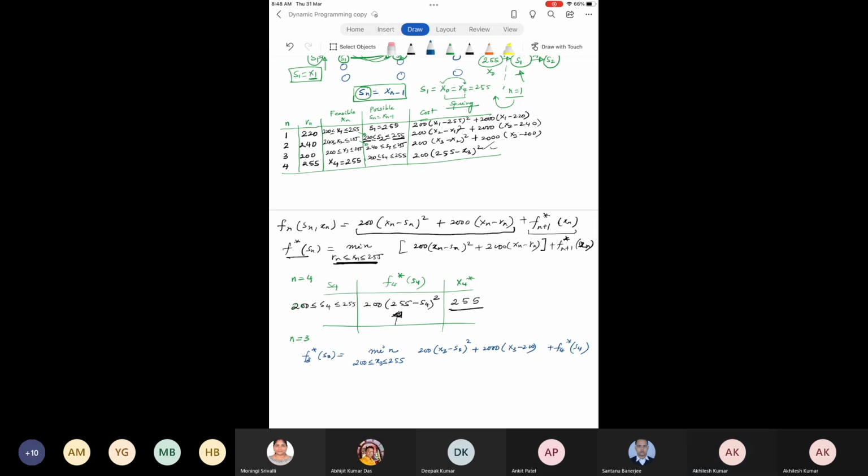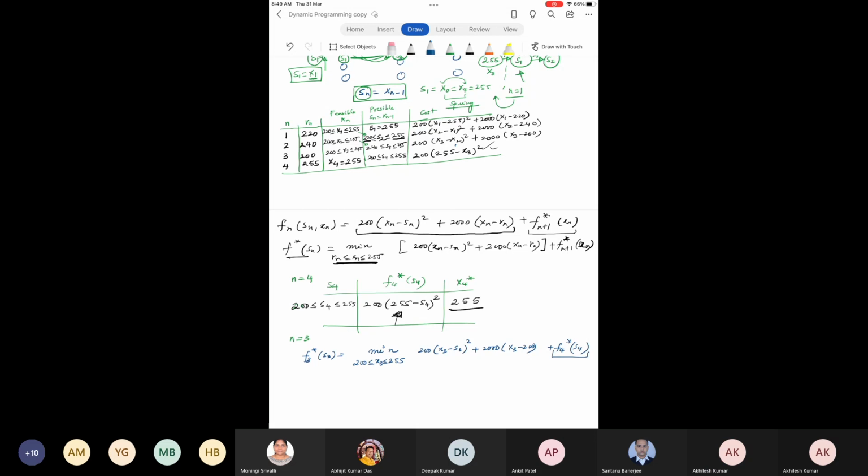So X2 is replaced by S3 here. So (X3 minus S3) whole square. And then you proceed with, what is this F4 star of S4 equal to? What is this F4 star of S4? Is the future contribution 0?